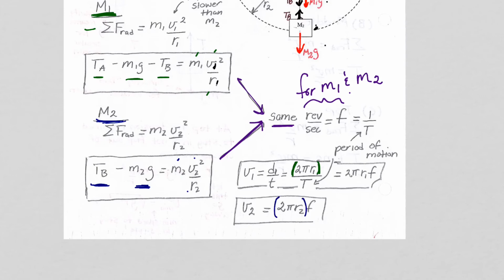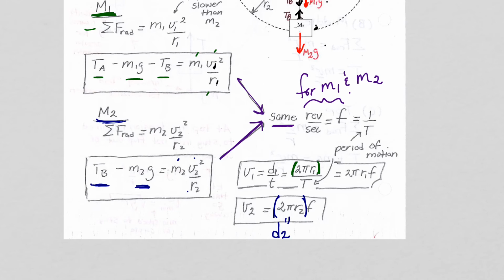So 2 pi r2 is equal to the distance d2. Anyway, the distance d2 is 2 pi r2 times f, and we don't need the subscript on the frequencies because the number of revolutions are the same.